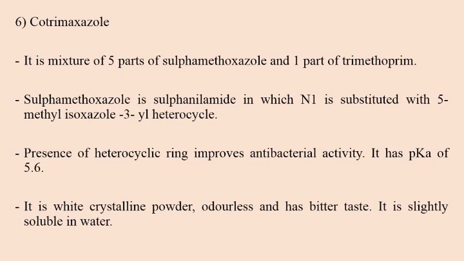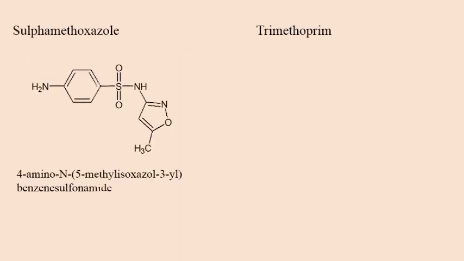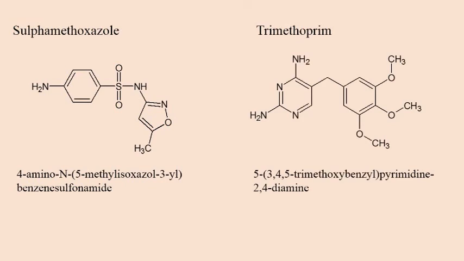Now look at the structures of these 2 drugs. This is sulphamethoxazole. 4-amino, this N in bracket 5-methyl isoxazole, isoxazol-3-yl, 1, 2, 3. At the 3rd position it is attached to this nitrogen, so 3-yl benzene sulfonamide, that is sulphamethoxazole.